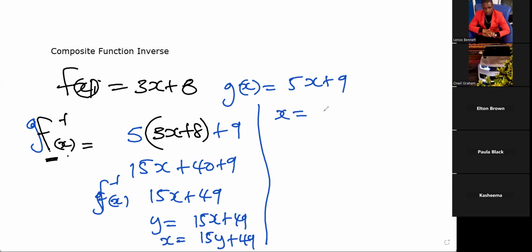Let's rewrite it up here. Alright. So we're going to solve for y now. So we get rid of this. So this will be minus 49, which is the opposite.